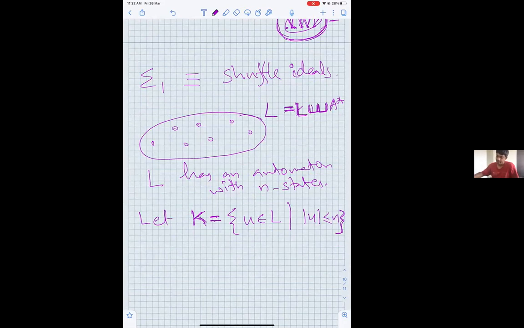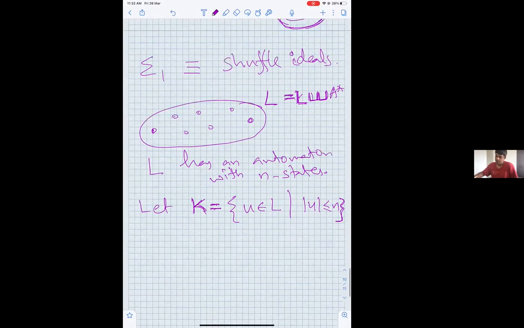So what is my idea? I'm going to consider all words of length at most n, and I'm going to say that any word in L is a superword of a word of length at most n. What is the reason?